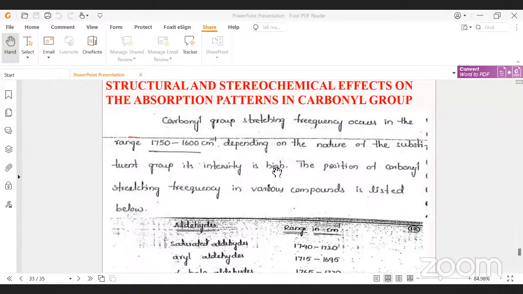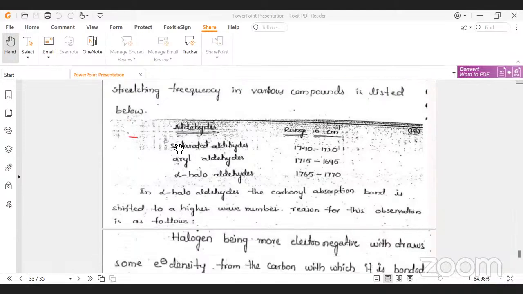The position of the carbonyl stretching frequency in various compounds is listed below. For example, saturated aldehyde: the peak will appear at 1740 to 1720. Aryl aldehydes: the peak will be 1715 to 1695. The frequency has decreased.